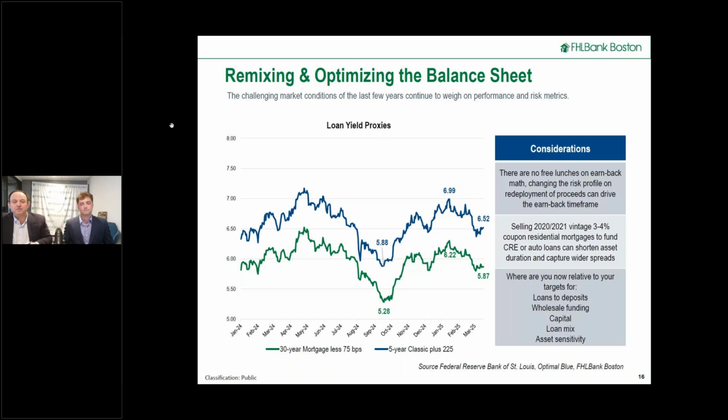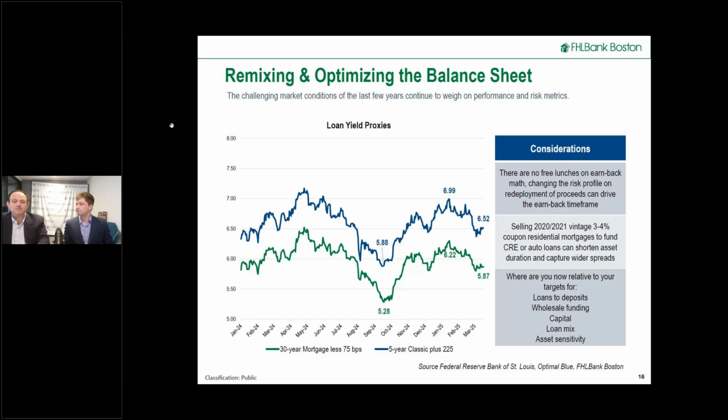So when we think from a holistic balance sheet management perspective, we always want to be seeking out wide spreads and, within reason, avoiding narrow spreads. So here's an opportunity where, if your capital supports it, both in terms of dollars and in percentages, and consistent with your anticipated growth plans and patterns, there could be opportunity to move out of narrower spread but credit strong residential mortgages and redeploy into CRE or auto loans, right?